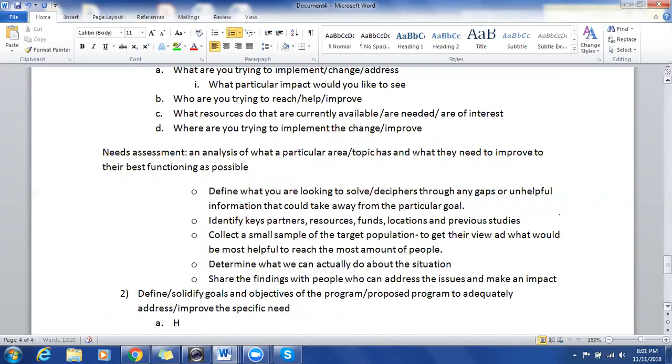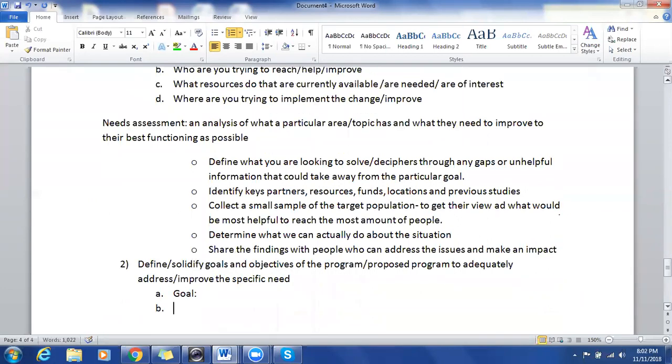And what does this involve? We need to actually define what goal and objective is, because even though it seems like it's a pretty basic little task, sometimes they're very clouded.